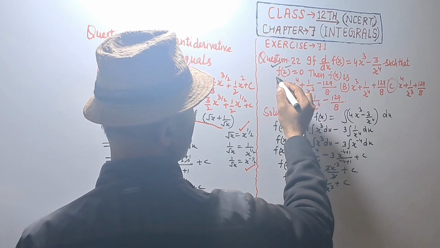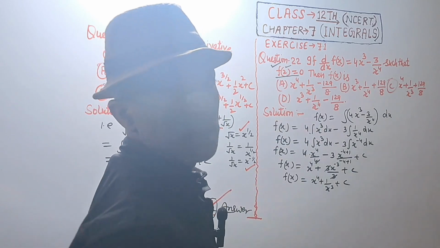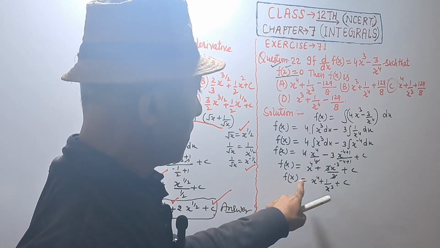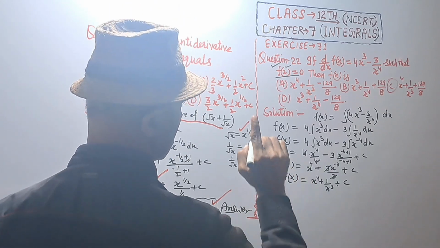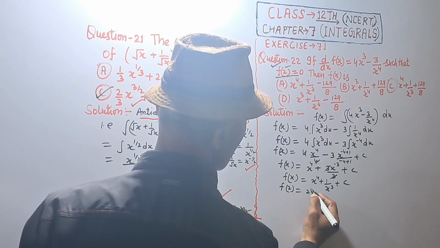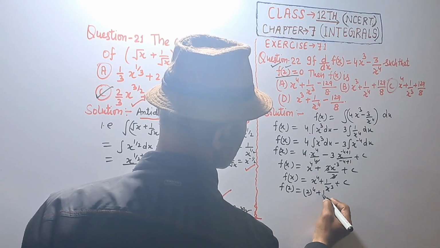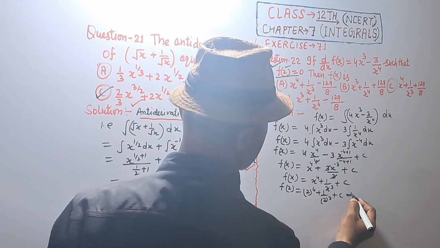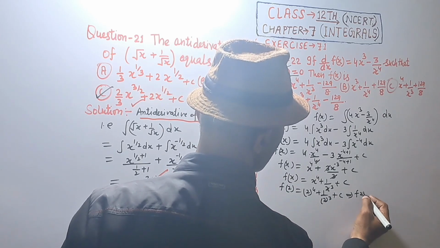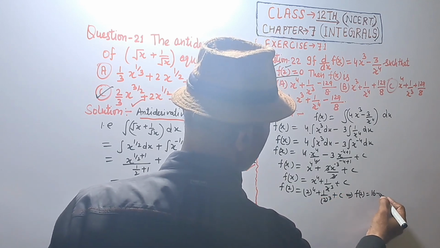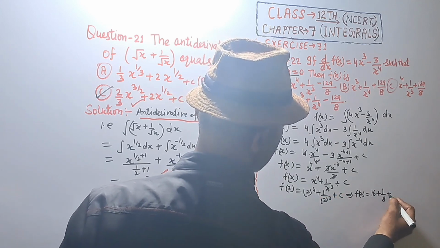And we have given f of 2 is equal to 0. So we are putting x equal to 2 in f(x). f of 2 equal to 2 raised to power 4 plus 1 upon 2 raised to power 3 plus c, which implies f of 2 equal to 16 plus 1 upon 8 plus c.